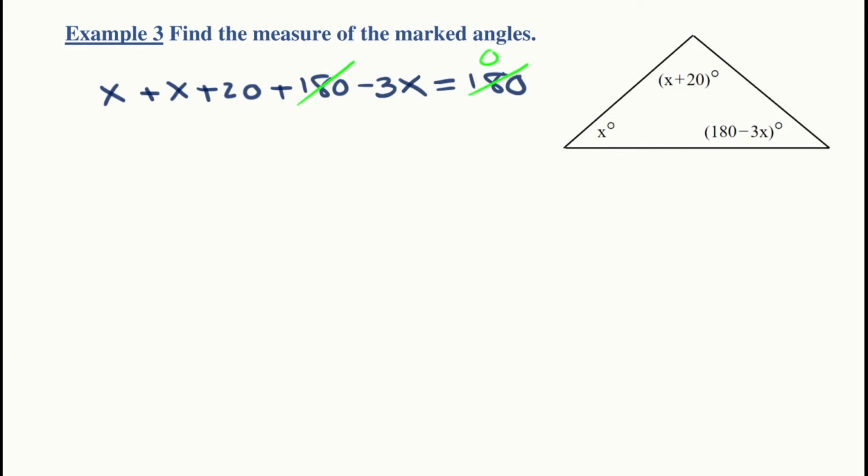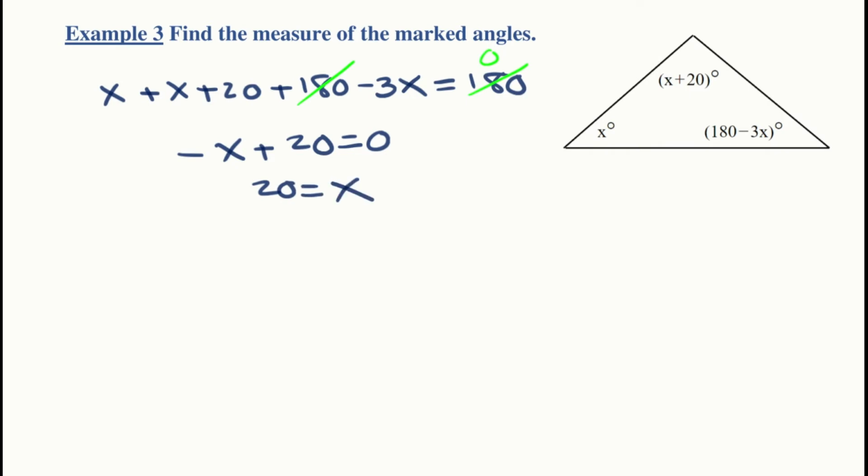So now combining the x terms on the left side, we get 1x plus 1x is 2x minus 3x is negative x plus 20 equals 0, correct? So moving negative x to the other side, we quickly get 20 equals x, okay?